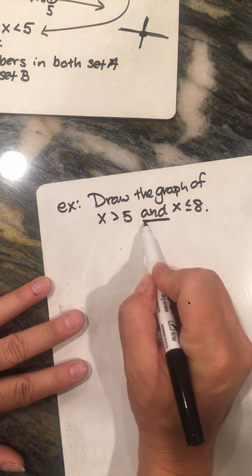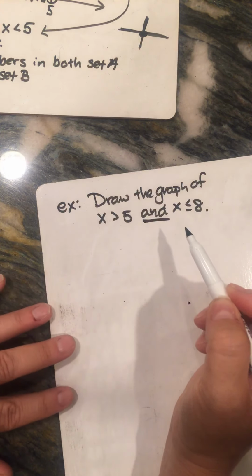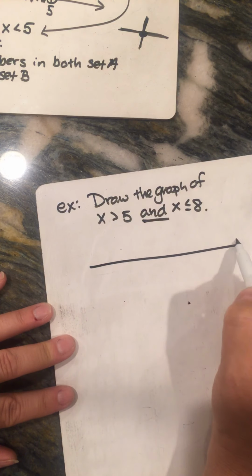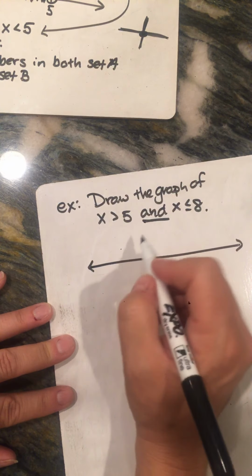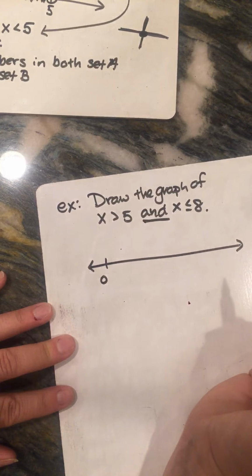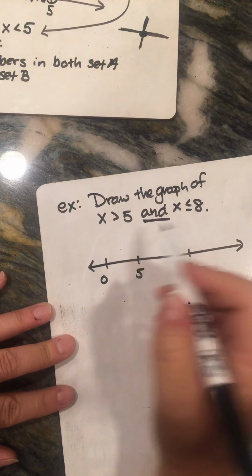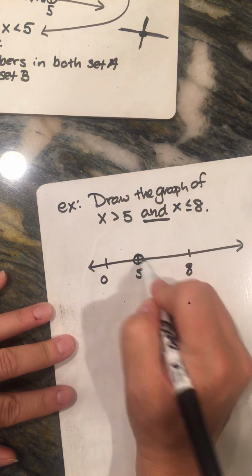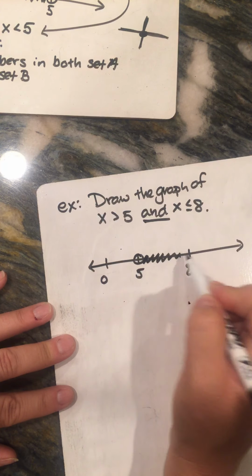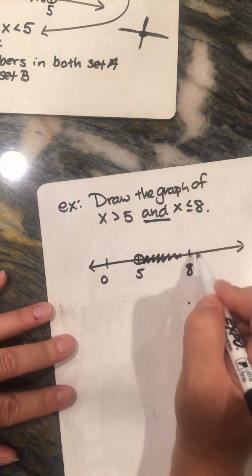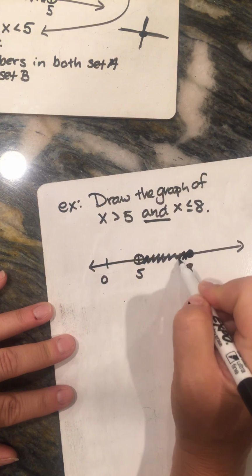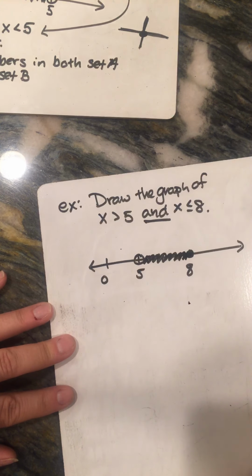Look at your key word here. So it's going to be an intersection. And I'm going to put 0 down here. 5, 8. So x is greater than 5, open, going this way. And x is less than or equal to, so solid, 8. So that would be our graph.